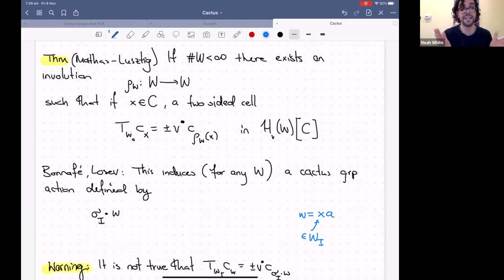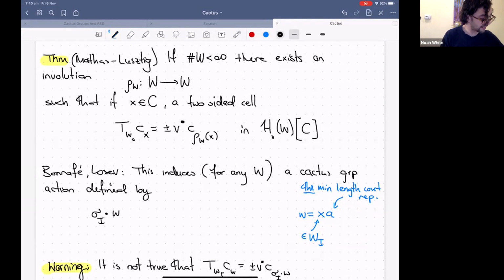There are many ways to factorize a given element into an element of the parabolic and something else. But for Coxeter groups, there's a very special way where you choose the coset representative to be the minimal length coset representative. So there's a unique way to factorize this.